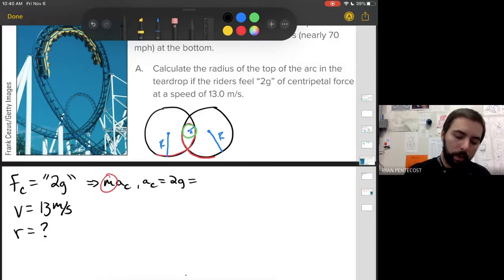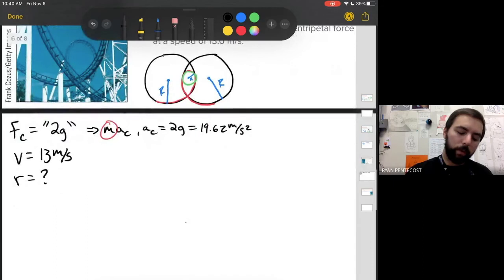And that would be 19.62 meters per second squared. We have acceleration, we have v, we want r. So we can actually skip the centripetal force part, just go straight to AC equals v squared over r. R would equal v squared over AC.